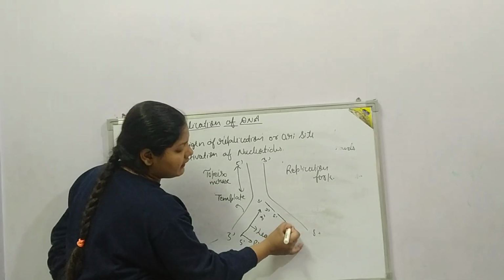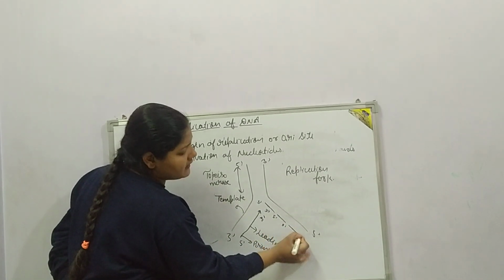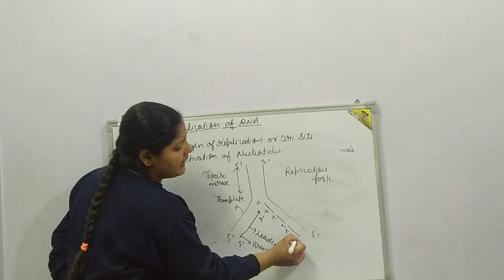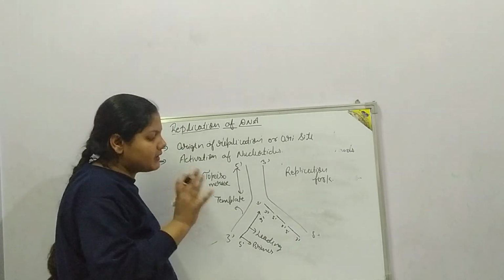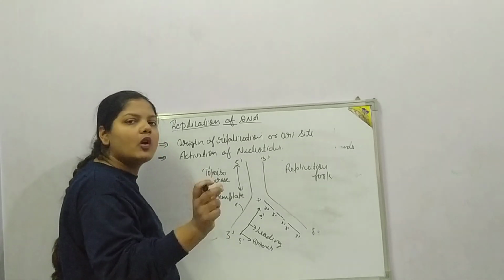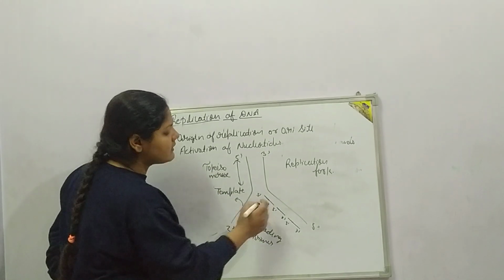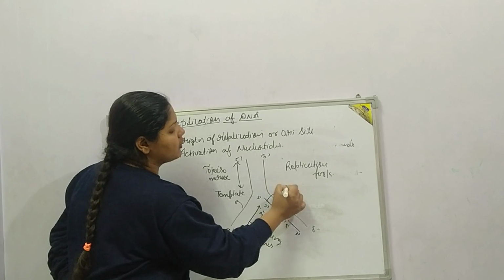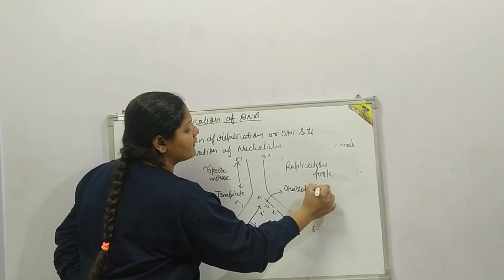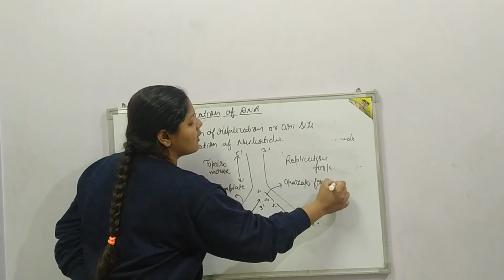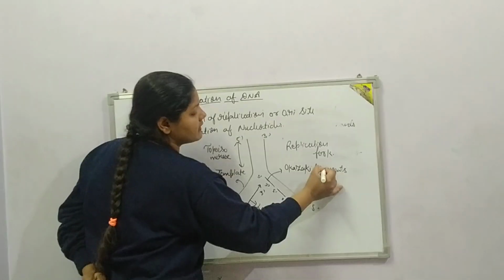Similarly, this whole strand will be formed in small fragments. These fragments are known as Okazaki fragments.